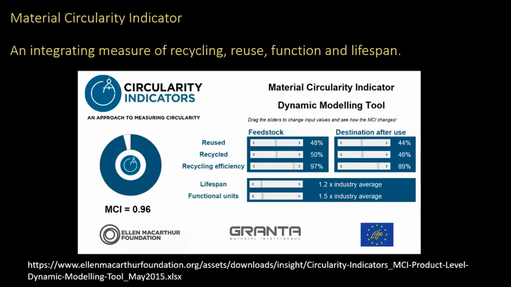You can download this tool from the Ellen MacArthur Foundation website, and it's an interesting number to play around with, and it really gives you an idea of how much you're contributing at each end of the recycling system. You use some recycled content, you recycle at end of life, and it basically resolves those two things. So it can be a useful view, including recycling efficiency and the like.